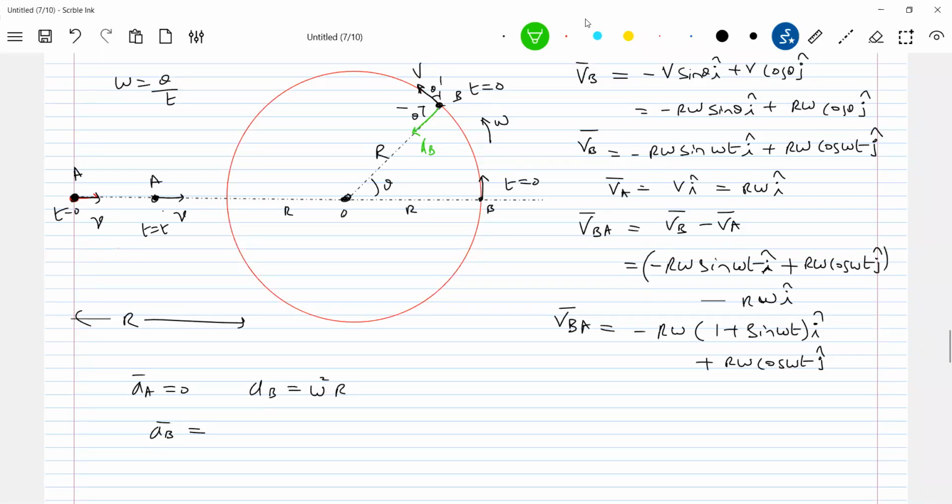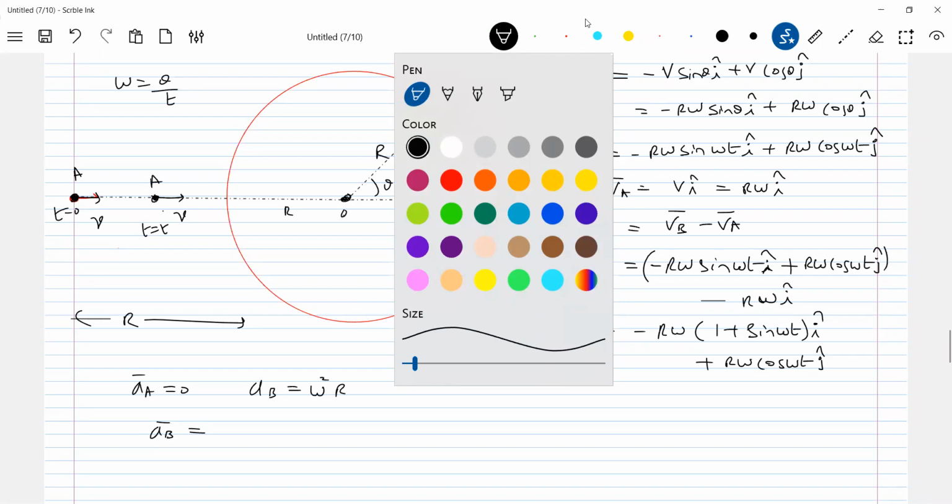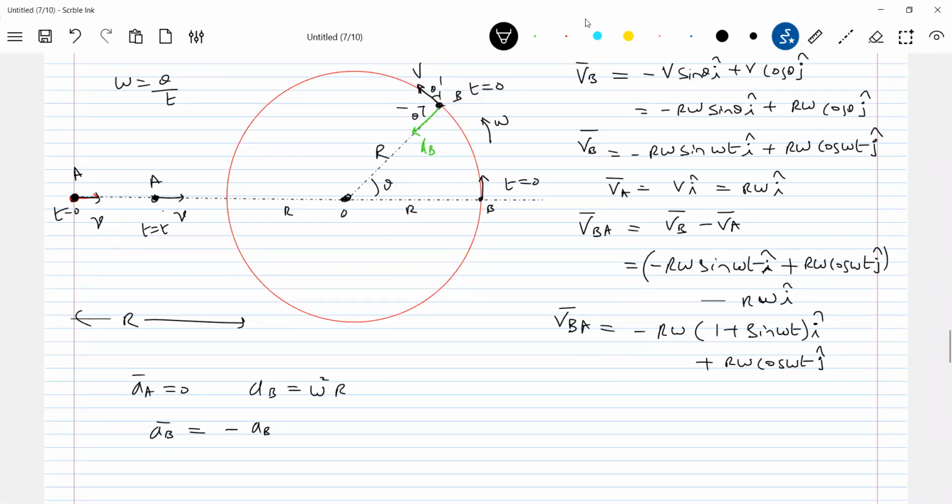Now write in the vector form. So this should be equal to minus AB cos theta I cap minus AB sin theta J cap.